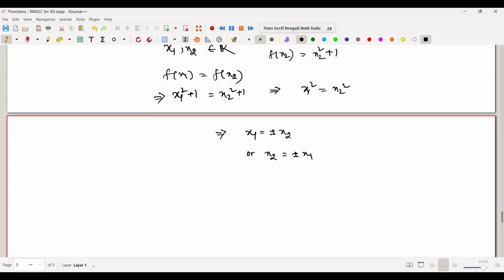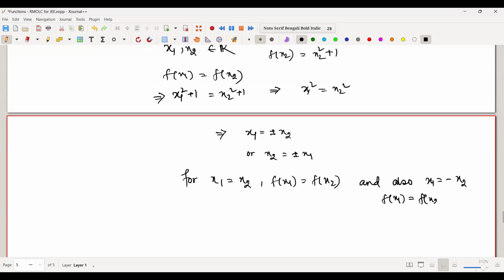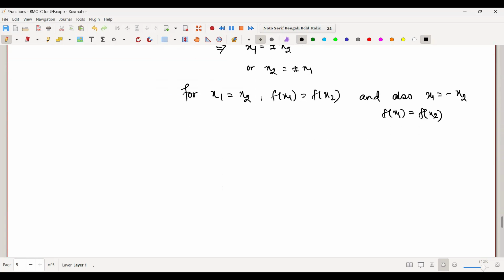So that means for x1 equal to x2, f(x1) equal to f(x2), and also for x1 equal to minus x2, f(x1) equal to f(x2). That means what?